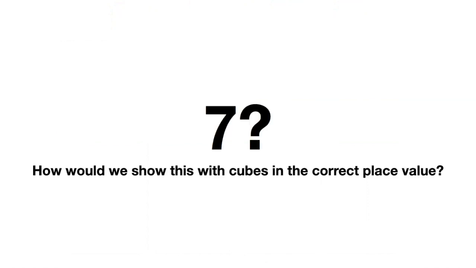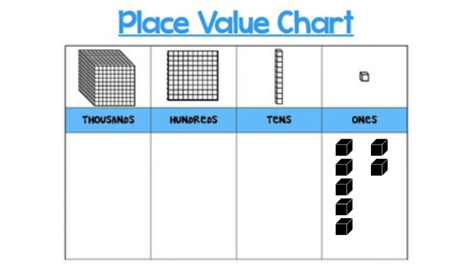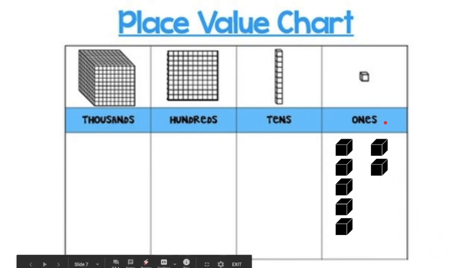All right, so 7. How would we show this with cubes in the correct place value? Let's take a look. You can see here we have 1, 2, 3, 4, 5, 6, 7.